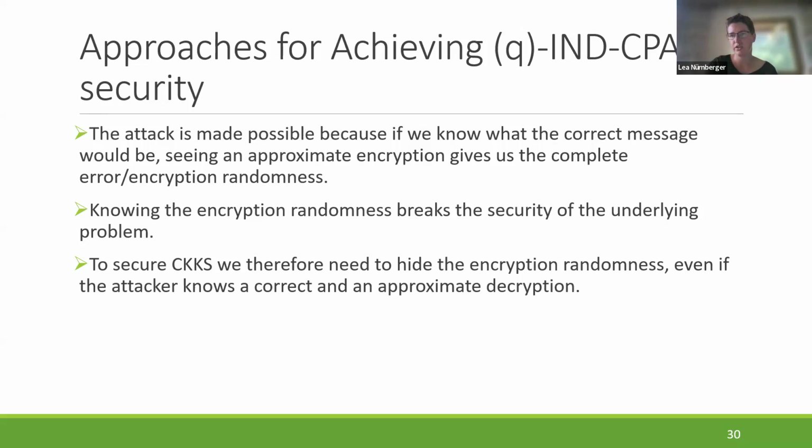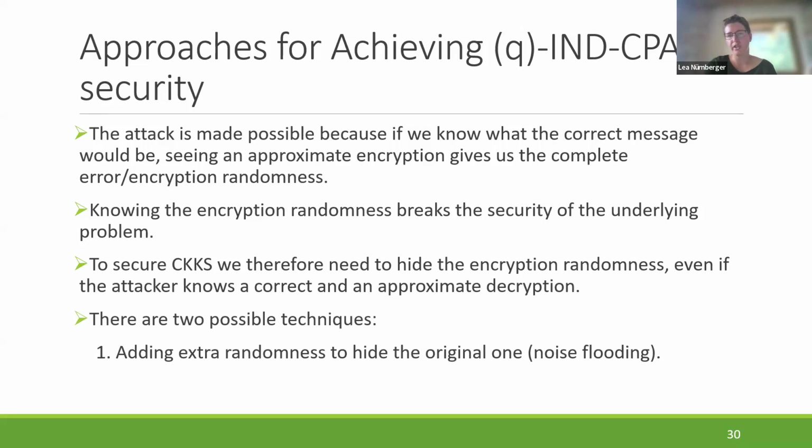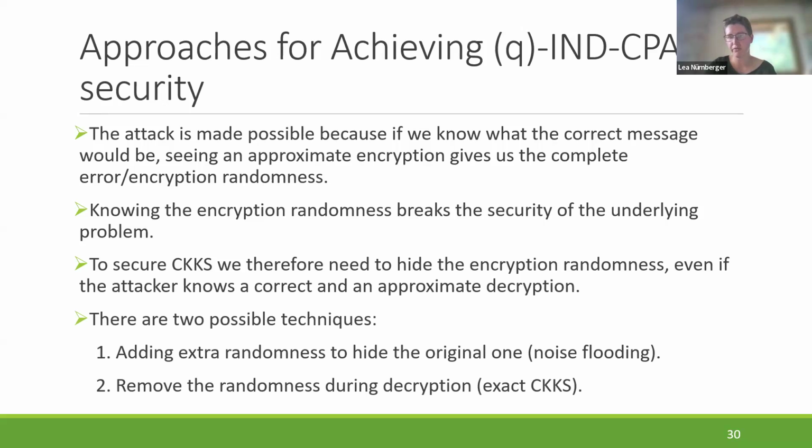And to hide this original randomness, essentially, there are two possible ways, which were already put forth in the original paper by Li and Micciancio. The first one is to add extra randomness to hide the original one, so to noise flood. And the second one is to go the same way as BGV and B/FV, that is to remove the randomness during decryption, which is what has then been called exact CKKS.